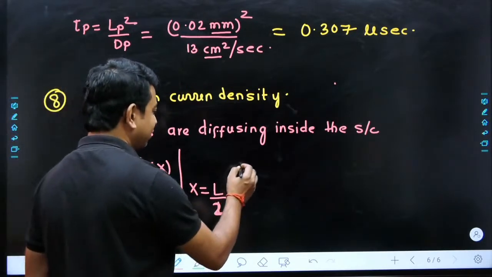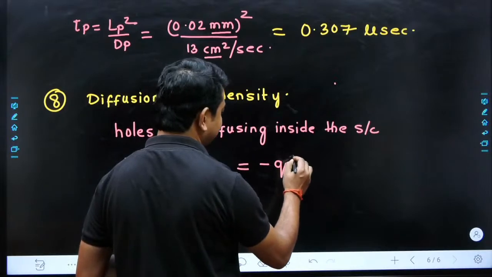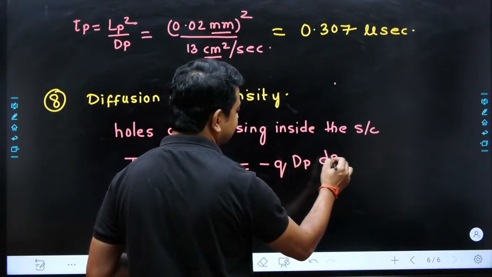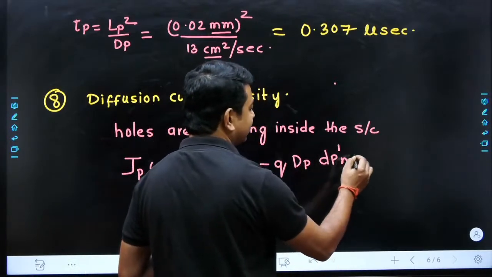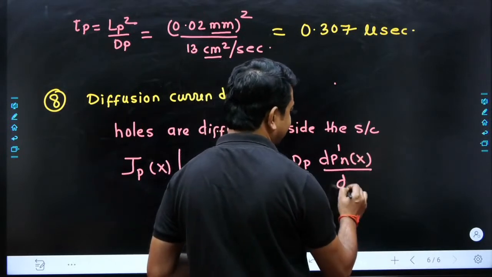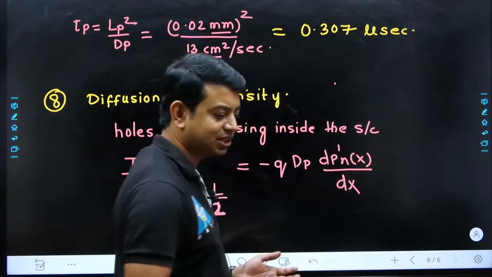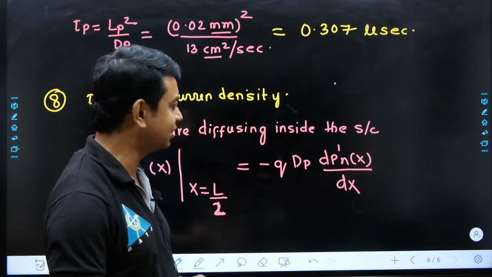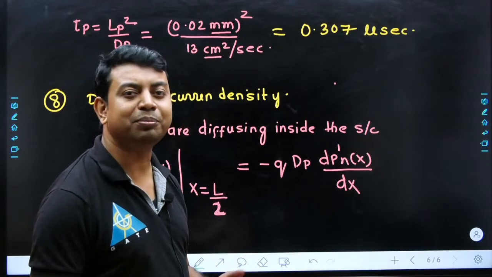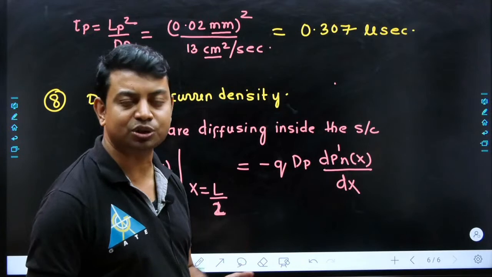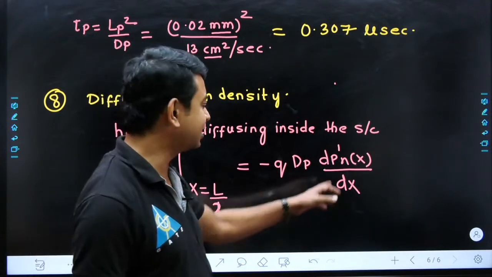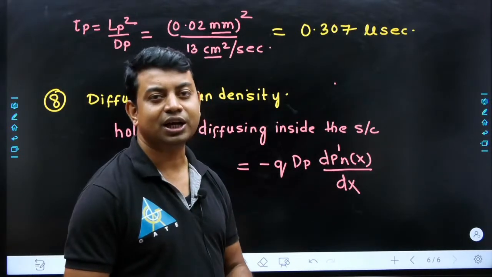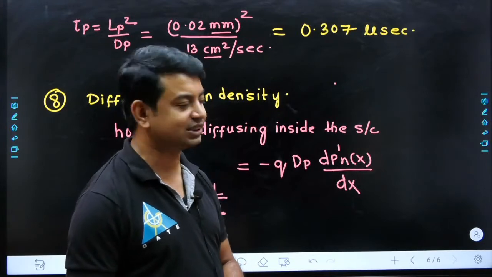So what will be the formula? The formula is equal to minus q into Dp, and this is dp dash n of x divided by dx, because the excess carrier concentration is diffusing within the semiconductor. Initially the charge carriers are constant, not diffusing. The excess carrier concentration is diffusing, that's why I have written here p dash n of x.